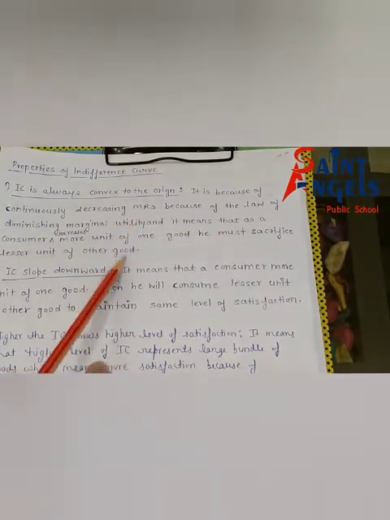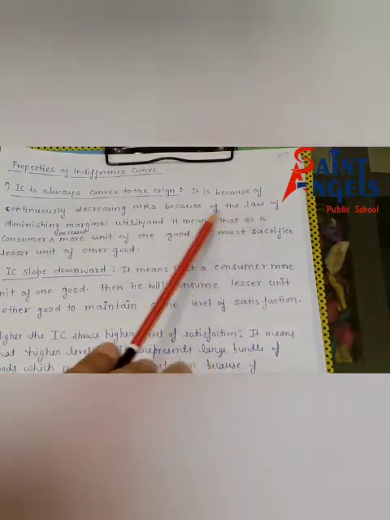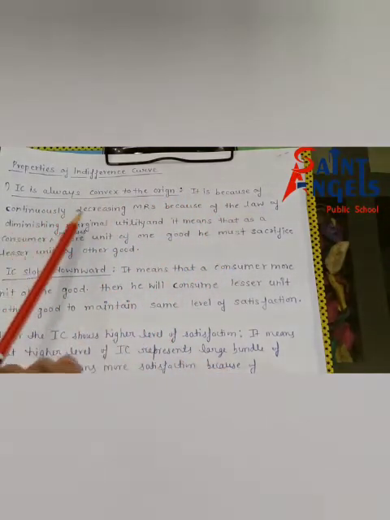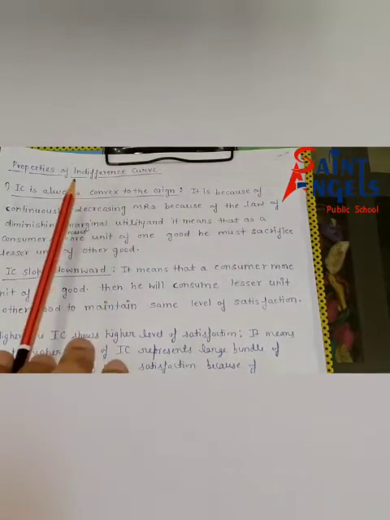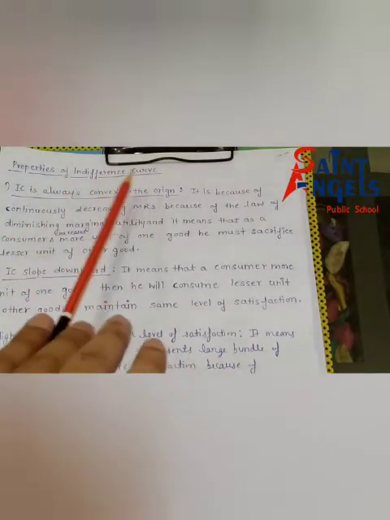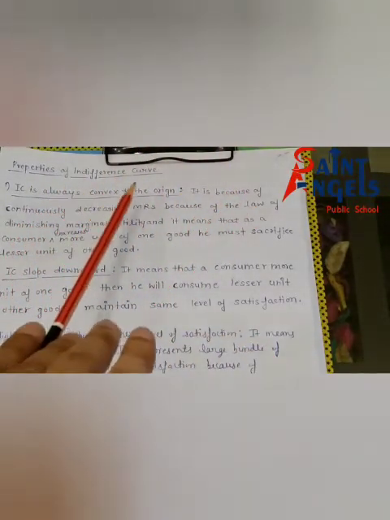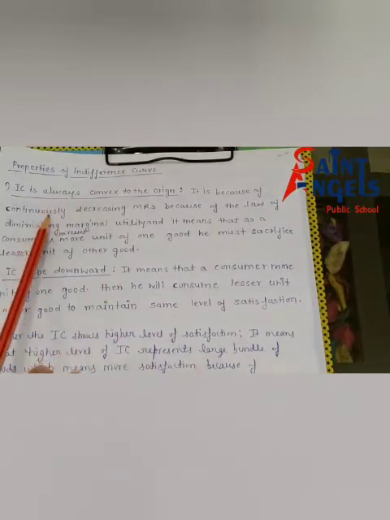You can say that MRS relates to the law of diminishing marginal utility. I hope all of you have understood why IC is convex to the origin: because of continuously decreasing MRS.